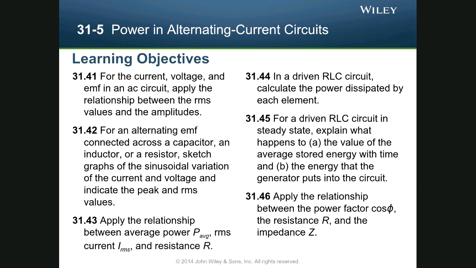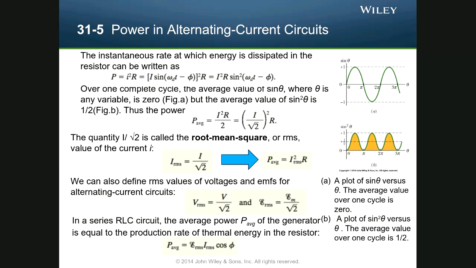Now, what's interesting, or at least not particularly obvious, is the power. All right. So when we take power, it's hard to look at the power at any one given time because we're used to looking at DC currents, right?